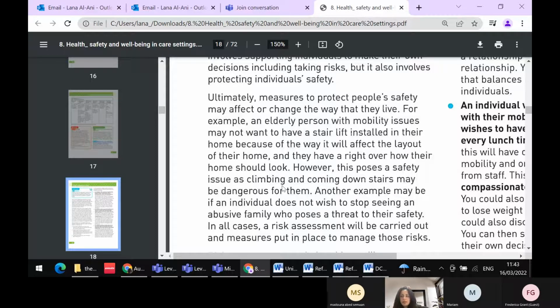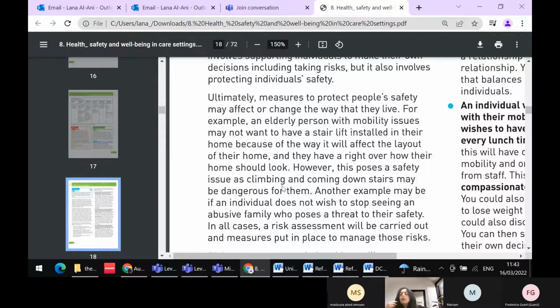They hate it, they don't want it. Their right is not to have it because they don't want it. However, for their safety, if they go upstairs, they can't climb the stairs. Why? Because it's dangerous for them. They might fall, they might hurt themselves. So having this lift is very important.